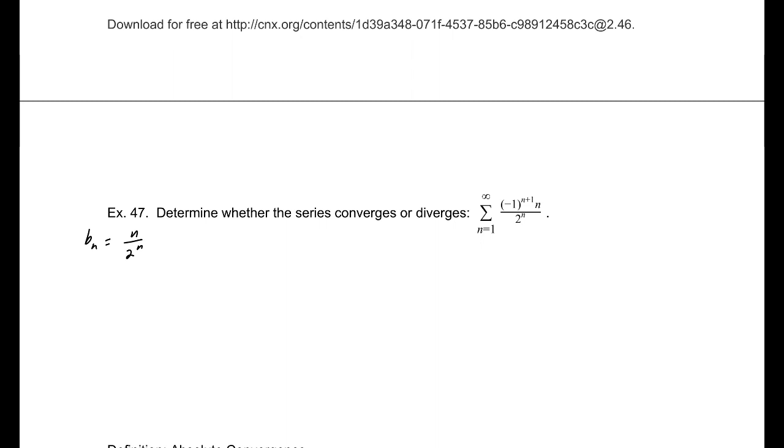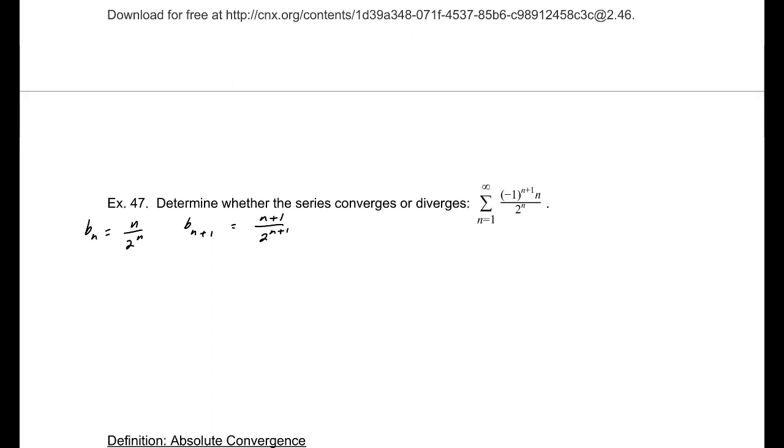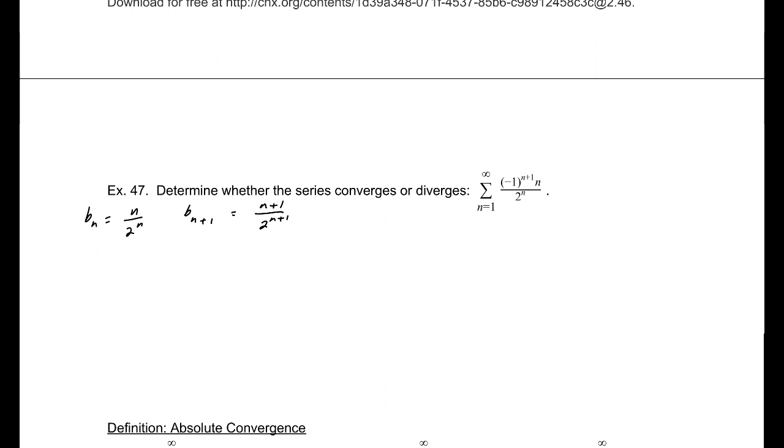Now b_(n+1) is n plus 1 over 2 to the n plus 1. I would like to start by assuming that it is decreasing and see if we can get some intuition here. So we want (n+1)/2^(n+1) to be less than or equal to n/2^n.